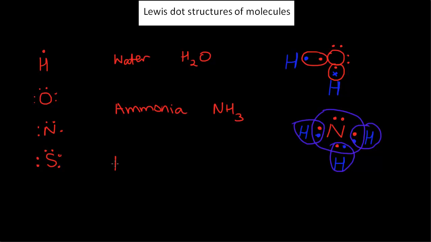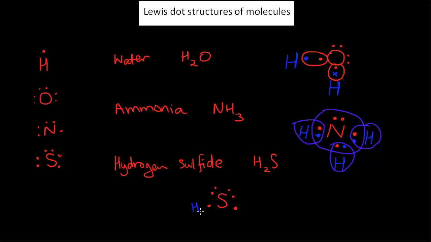Okay, so let's look at hydrogen sulfide. Hydrogen sulfide has the following molecular formula, H2S. It's similar to water, so there's S in the middle instead of oxygen, and S, just like oxygen, has 6 valency electrons, and so there it is, there's 6.